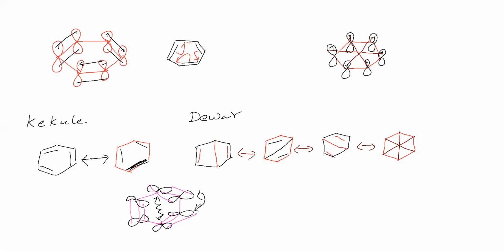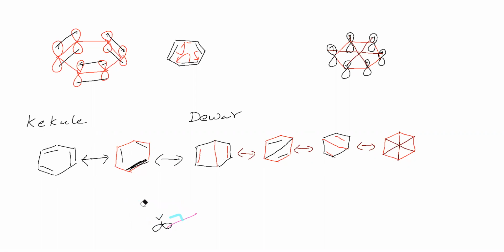These two are undergoing overlapping, therefore we are getting a pi bond. These two are undergoing overlapping, therefore we are getting this bond. Therefore these two also can be interconverted by electron shift. So this is the structure proposed by Kekule for benzene. These are the structures proposed by Dewar for explaining benzene.